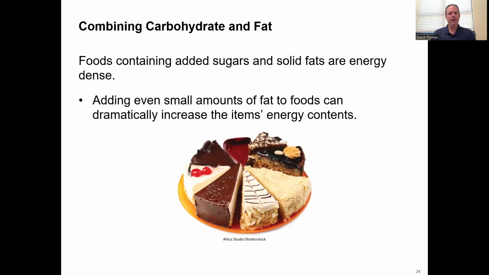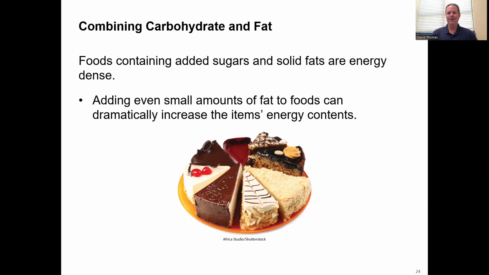One thing to think about is that sometimes it's important to combine carbs and fats together. Foods containing added sugars and fats have a lot of energy, and those are the two main categories we saw on that opening figure of where our calories come from.